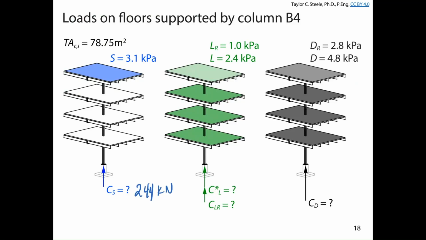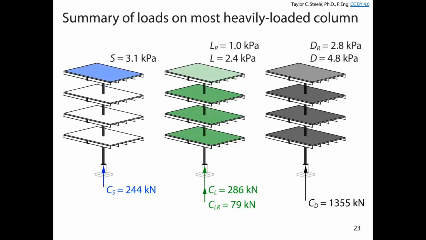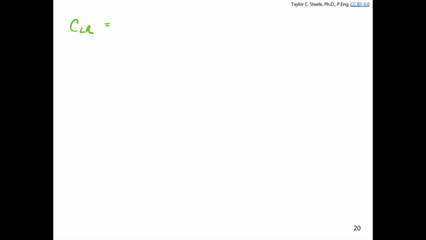So what we're going to do here first is calculate CL and CLR. Maybe I'll start with the live load on the roof, CLR. The live load on the roof is 1 kPa. There's just the single floor that has the roof live load. So we're going to calculate that as the roof live load times the tributary area for floor 4.